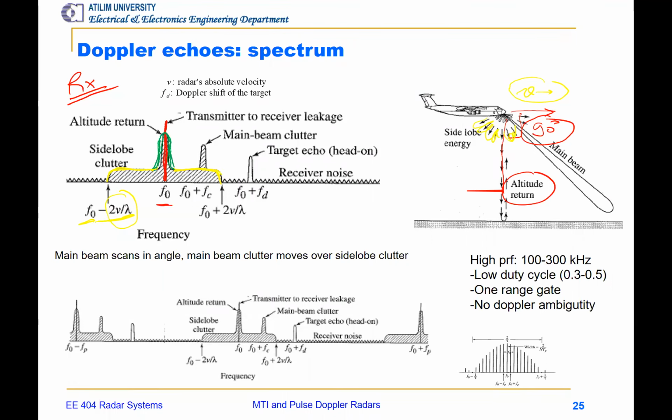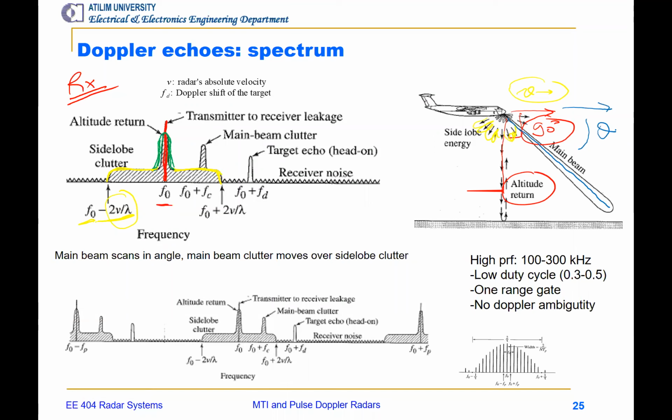And there is going to be main beam clutter. Now let's take this main beam. And here's the direction of motion again. So there is an angle here. This angle will determine the amount of the Doppler shift.